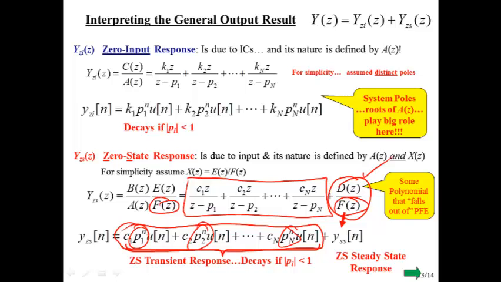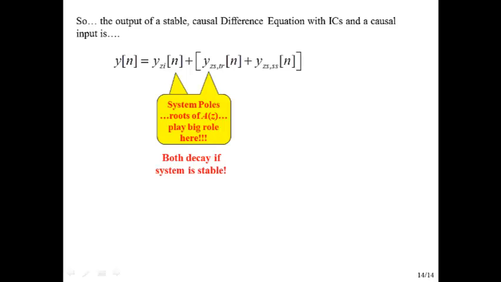And so we call these two different parts of the zero state response. One part, this thing here, is called the transient response of the zero state, or the transient part of the zero state response, and this part is called the steady state response. It's what the system does after its initial transients die out. These are some really big ideas, and I try to capture them here.